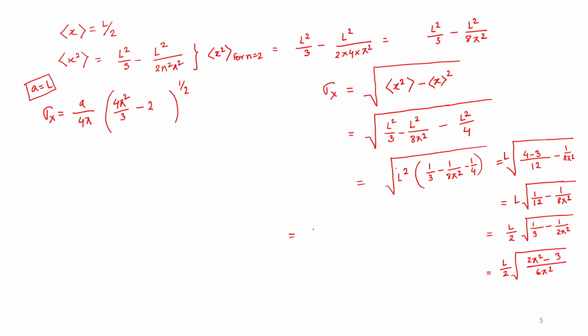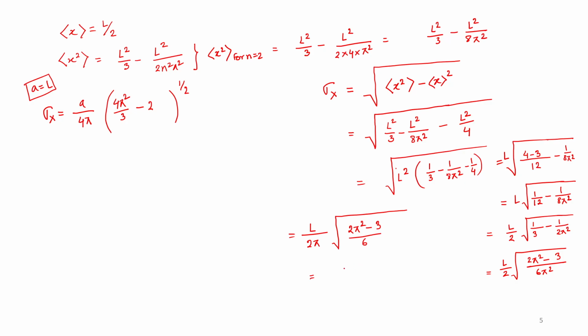Which is L by 2 pi, 2 pi square minus 3. Still 6 is still there, right? I hope you are following. L by 2 pi, 6 is still there, 2 pi square minus 3 is there.